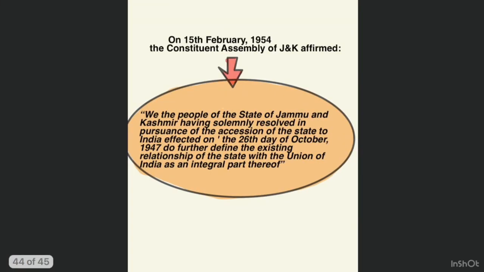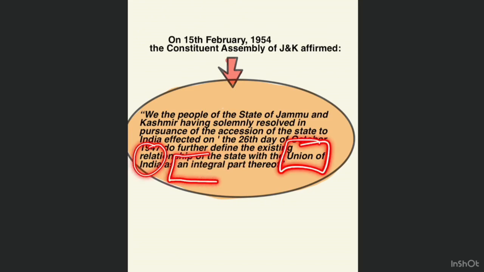And on 5th of February 1954, the Constituent Assembly of Jammu and Kashmir affirmed that we, the people of the state of Jammu and Kashmir, having solemnly resolved, in pursuance of the accession of the state to India, effected on the 26th day of October 1947, do further define the existing relationship of the state with the Union of India as an integral part thereof.